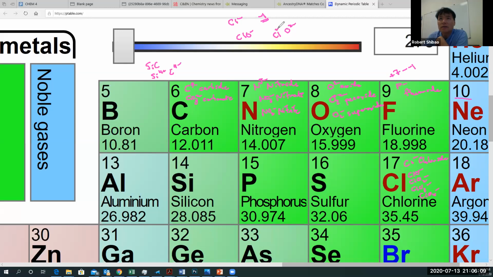Plus X. So we have plus X minus 2 gives us a net charge of -1. And so what is X here? Well, X has got to be +1. So this means that chlorine is +1 in ClO minus, because oxygen's -2, -2 plus 1 gives us -1.